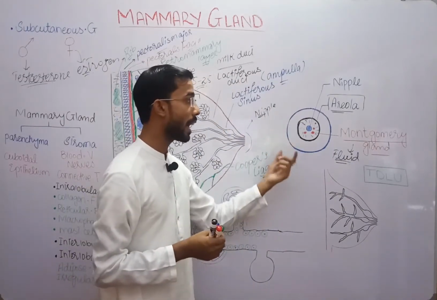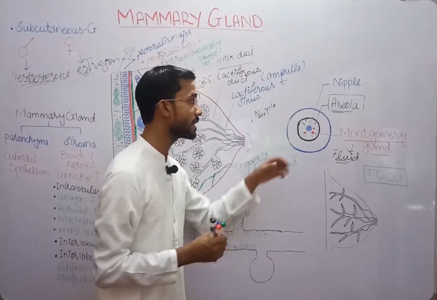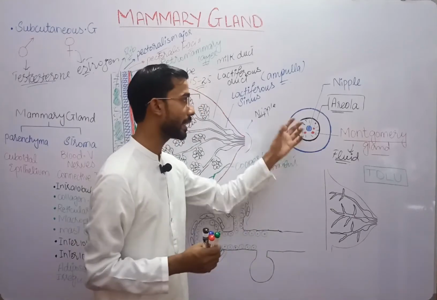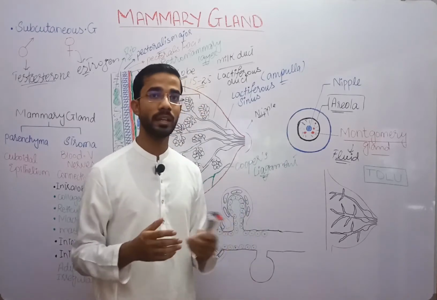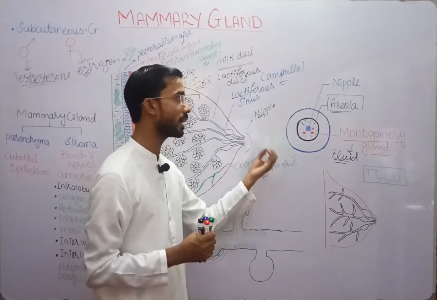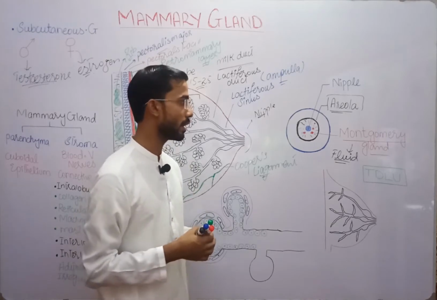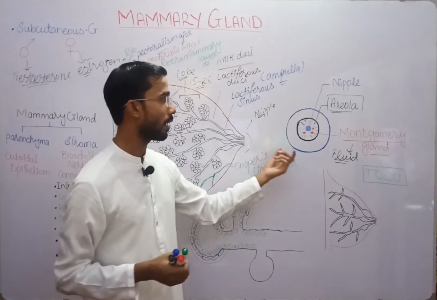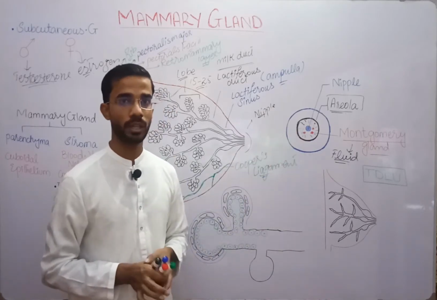This fluid has antibacterial action. It means it destroys the bacteria over the areola and helps in the process of lactation, so that bacteria don't enter into the child, right? So this is the top structure of the breast.